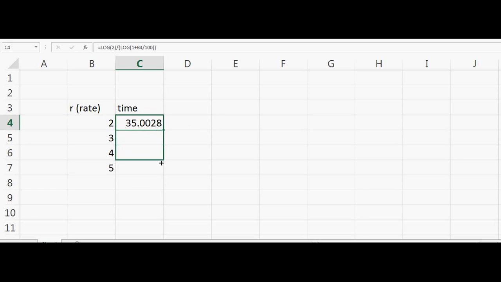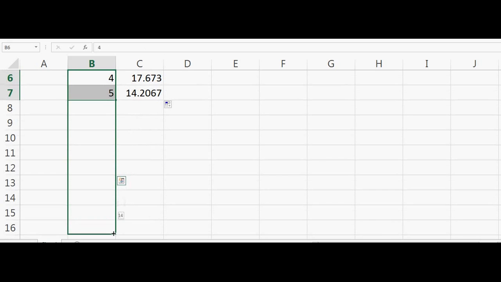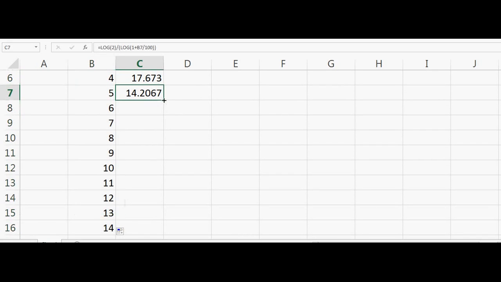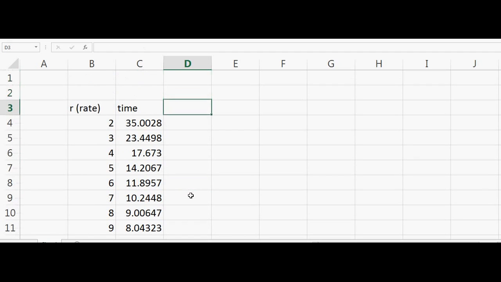So we can keep doing this, and we can also generate a table for all the r's and these numbers, right? So now if you look here, if you multiply time with r, that will be equal to 2 into 35, so that is 70.0056. So this is very close to 72.